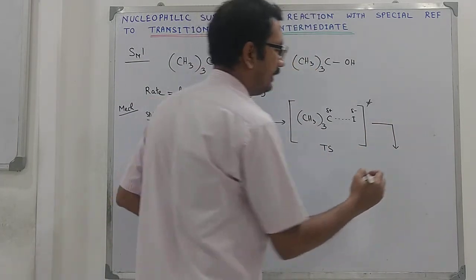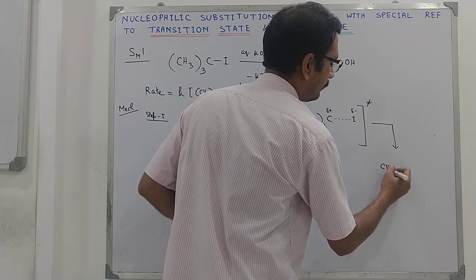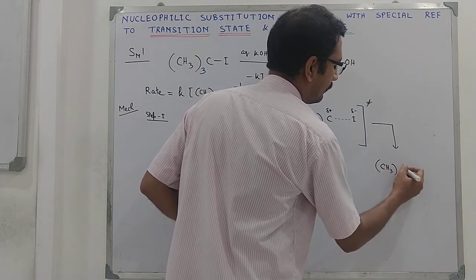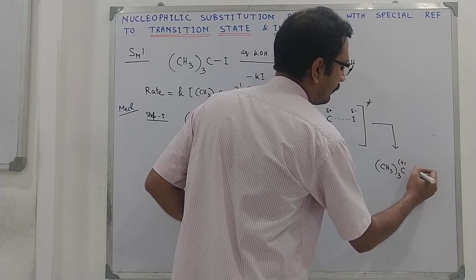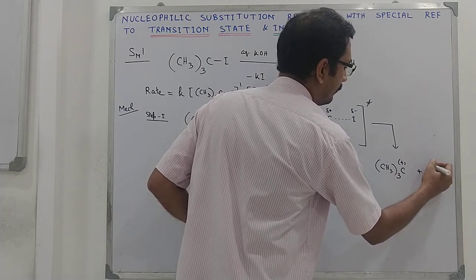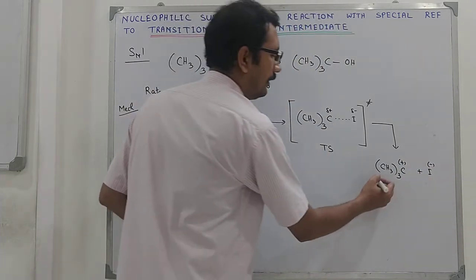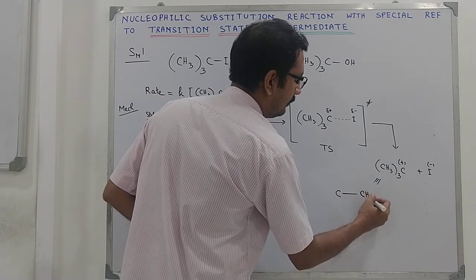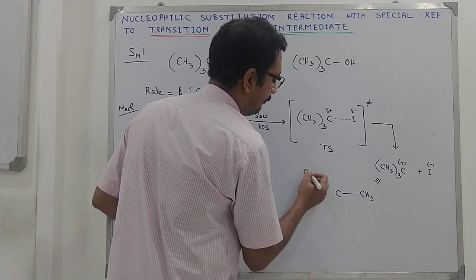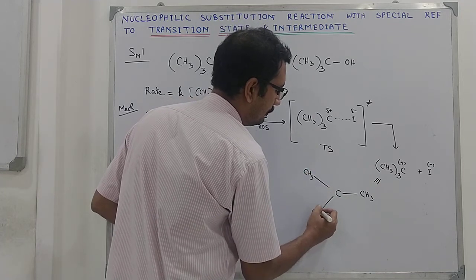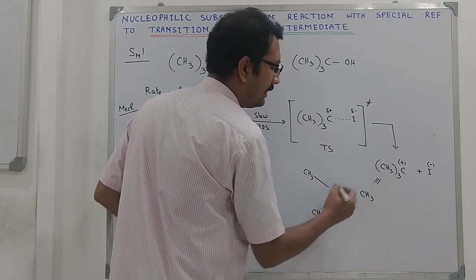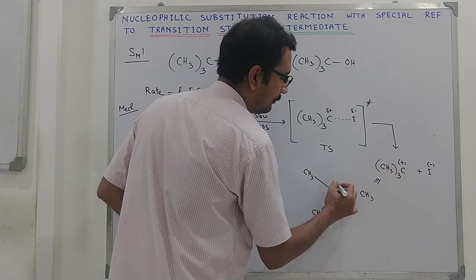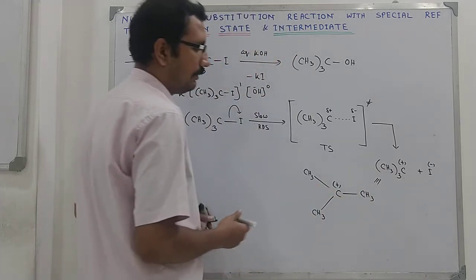Now what will be the intermediate? It will be like this. Now this has a structure. It is obviously a planar structure having a vacant pz orbital. So here will be plus.